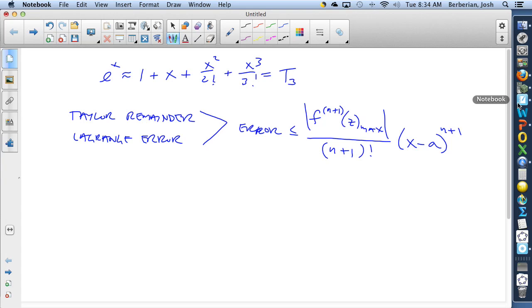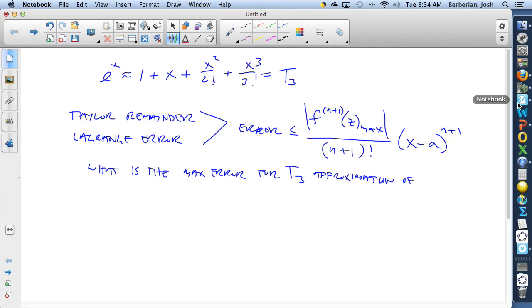Okay, so I'm going to take e to the x and say, hey, how good does the 3rd degree Taylor polynomial approximate e to the x? So the question becomes, what is the maximum error for the 3rd degree Taylor polynomial approximation of, well, we have to approximate something.